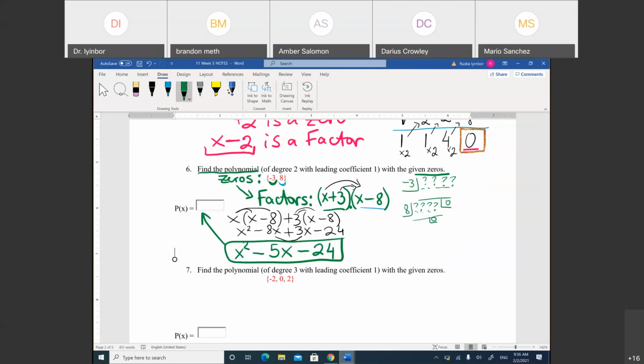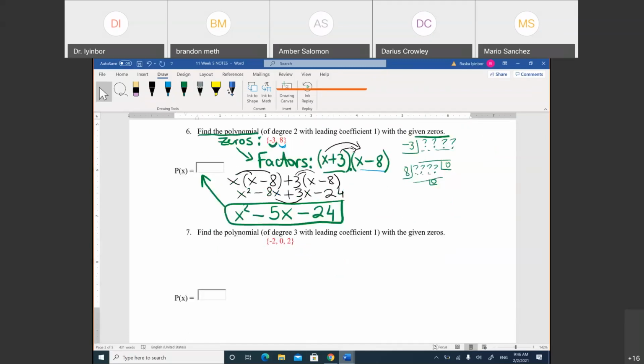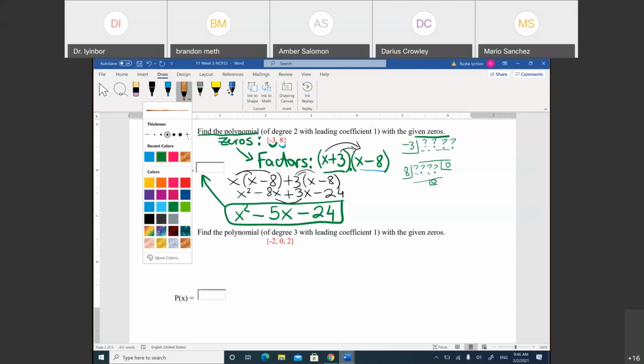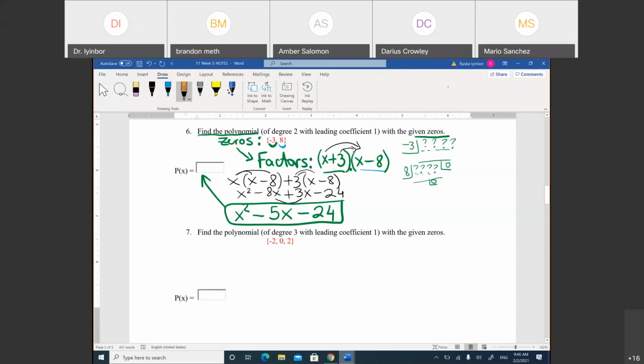Okay? Now we're going to do this one more time. So in number 7, we're going to do the same. We have been given the zeros. Actually, in this case, there are 3 zeros. These are the zeros given: negative 2, 0, and 2.